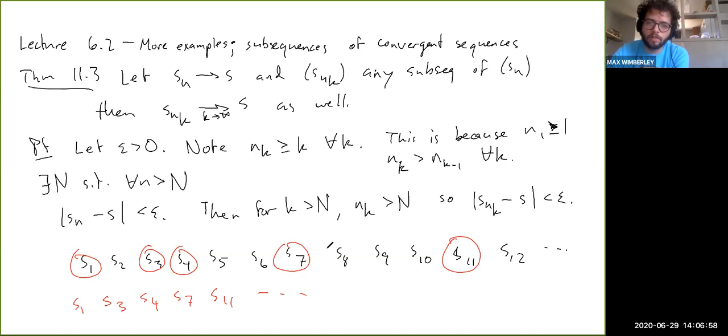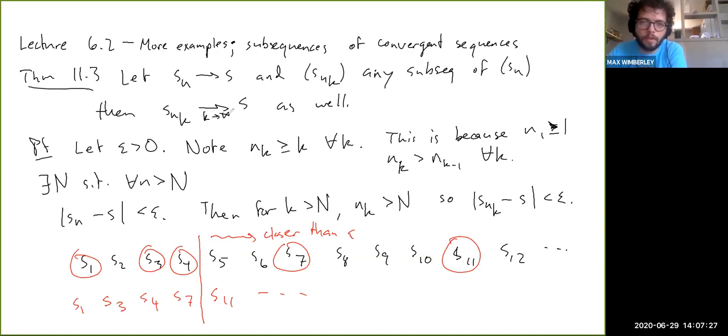So then what they're saying is if you take capital N, let's say the capital N they find is like 4 or something, right? So if you look at all the terms, we chose capital N so that all of these are closer than epsilon, in this sequence up here, okay?